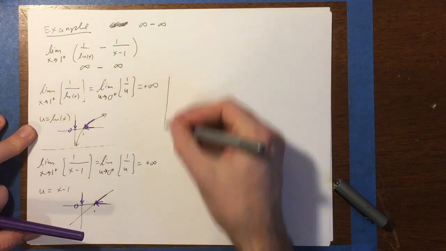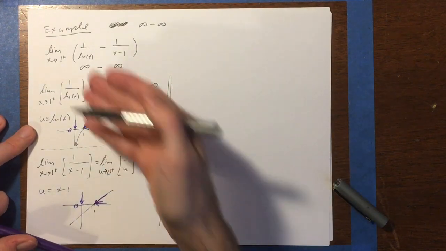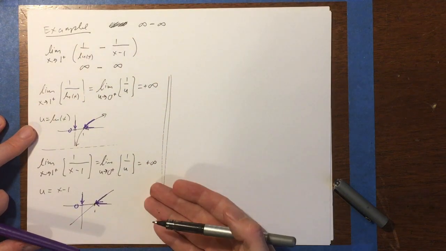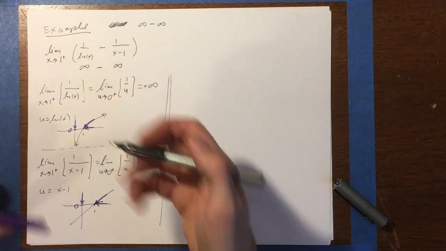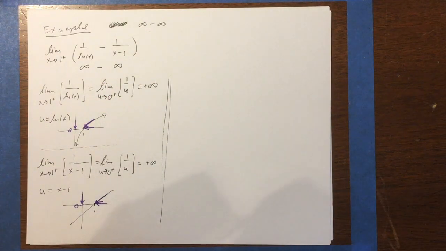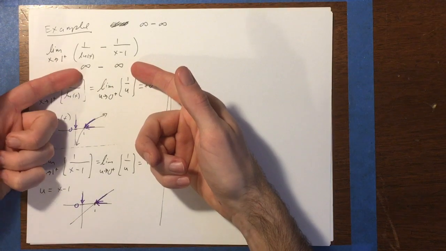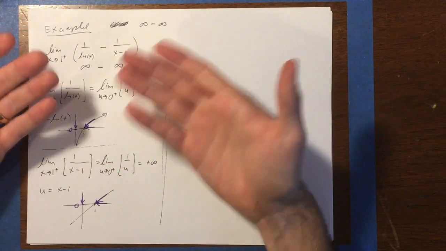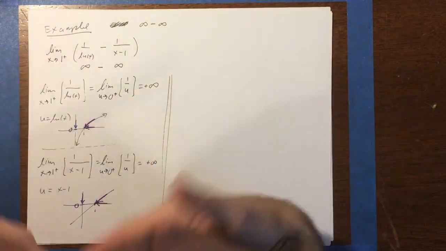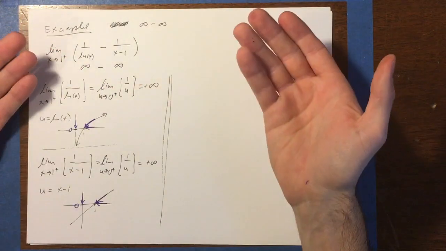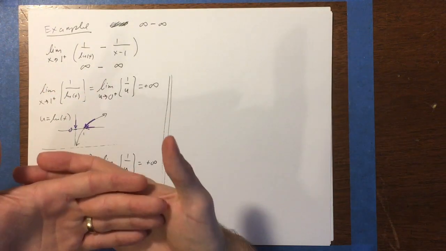So far, I'm just doing the limits of each term individually, and this is just showing us that this is in the form infinity minus infinity. Now, when you have infinity minus infinity, if those two functions are growing towards infinity at the same rate, then that might cancel out completely. Like x minus x: x and x are growing towards infinity at the same rate, so when you subtract them, they cancel each other out completely and give you 0.